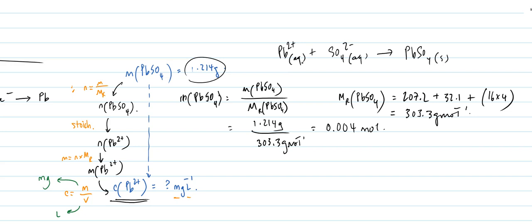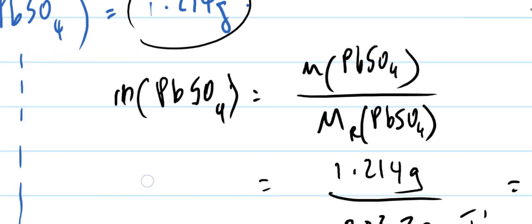Another way is you just look at the formula of lead sulfate. If I had 1 lead sulfate unit, which consists of 1 lead atom, 1 sulfur atom, and 4 oxygen atoms, how many lead atoms would I have? You could just go, what's the 1-to-1 ratio of lead to lead sulfate? If you had 100 lead sulfate units, you'd have 100 lead ions.